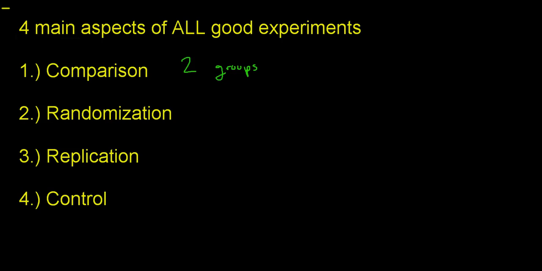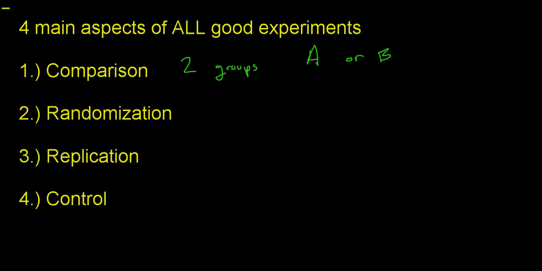Now, do you need a control group? No. If I simply wanted to know what makes pain go away faster, medication A or medication B, well, half of my people get medication A, half of my people get medication B. That's going to help answer that question. I don't have to have a group that gets nothing.